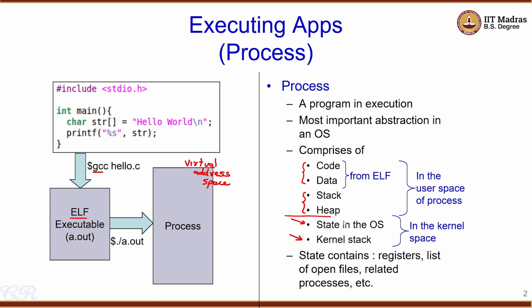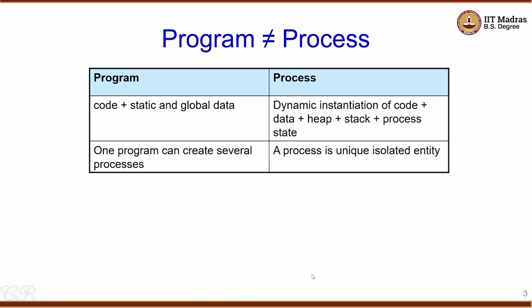The state of the process and the kernel stack are present in the kernel space. The state comprises registers, the list of open files related to the process, and so on. We'll get into the details of what the state means in a bit more detail.